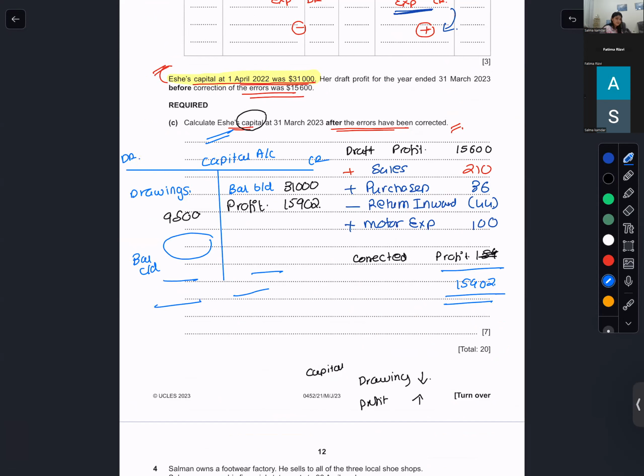It's 46,902. And the balance carried down is 37,402. So what is closing capital? 37,402. So Eshe's capital on 31st March 2023 is 37,402.